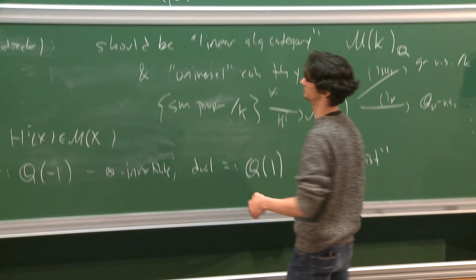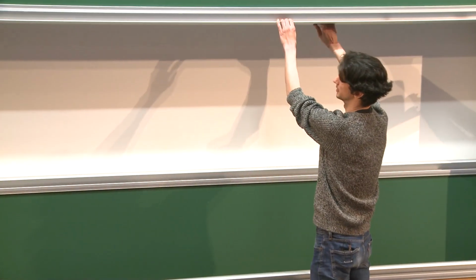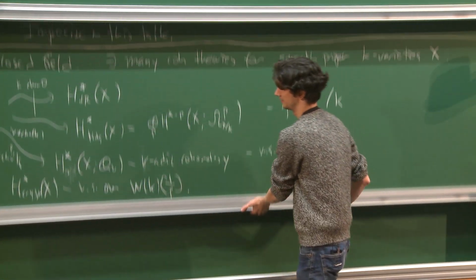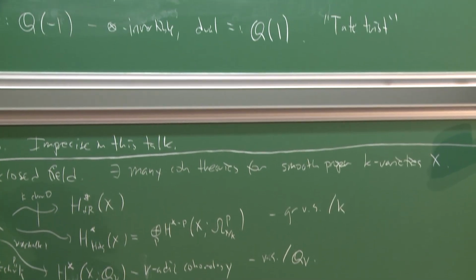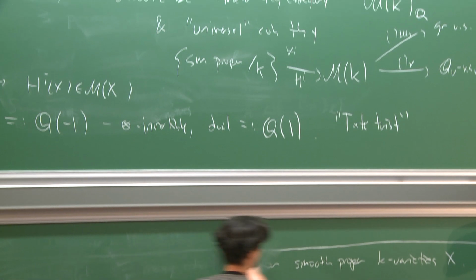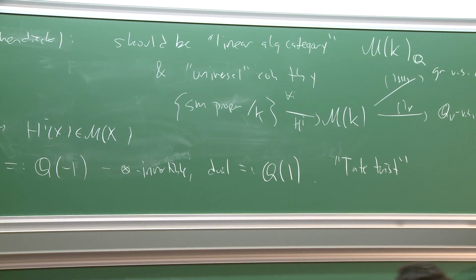But another much deeper but important structure on this category is a canonical grading. This is called the grading by weights.